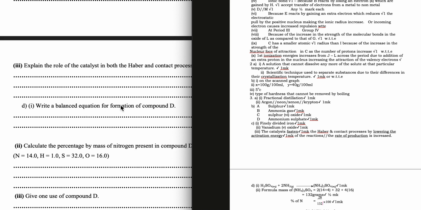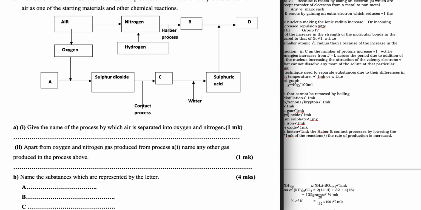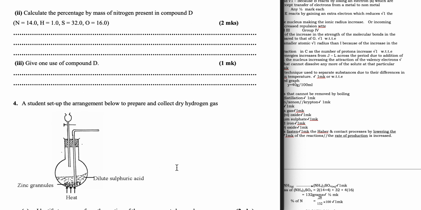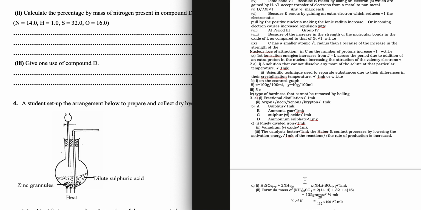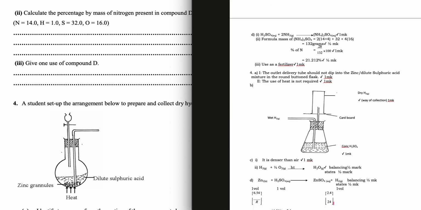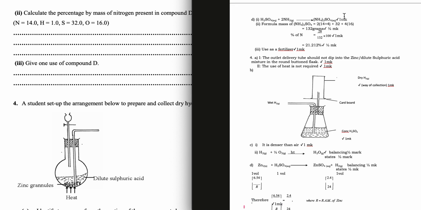Write a balanced equation of formation of compound D. Compound D, there is nitrogen per process, then D. This is it.